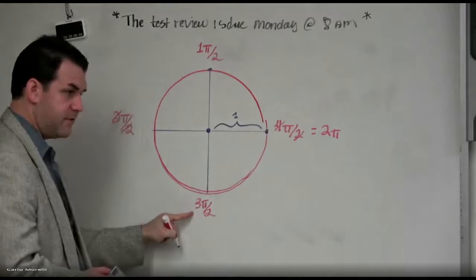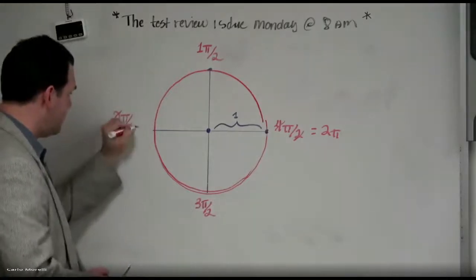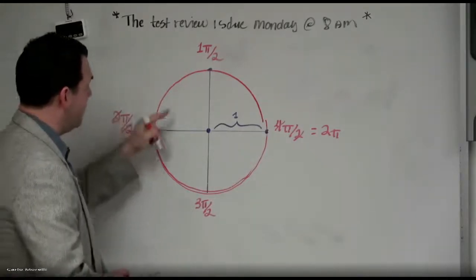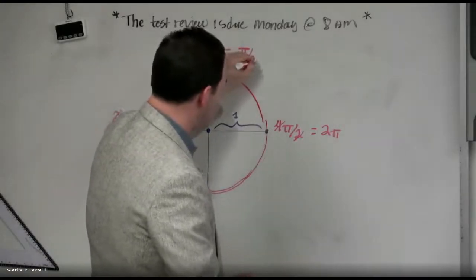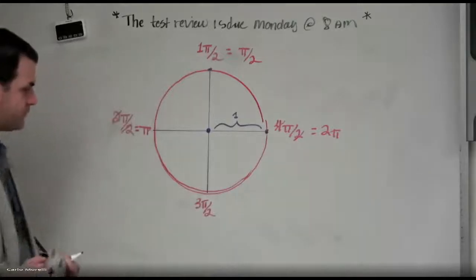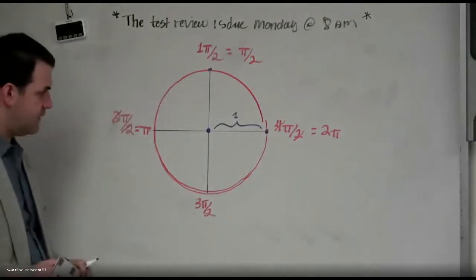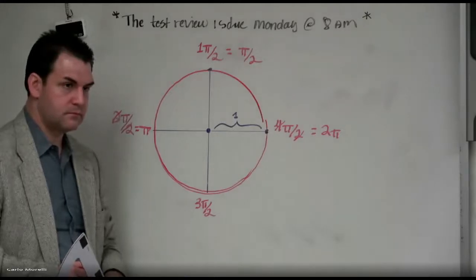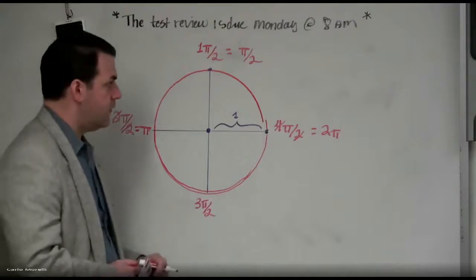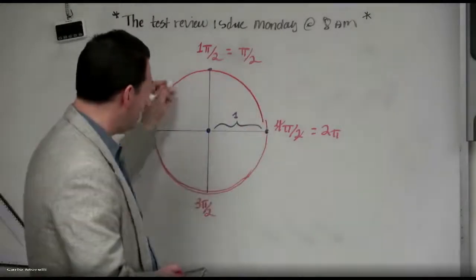3 pi over 2 doesn't reduce. 2 pi over 2 reduces down to pi. 1 pi over 2 reduces down to just pi over 2. So this is called the unit circle.